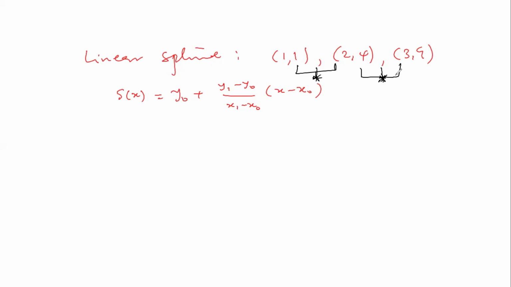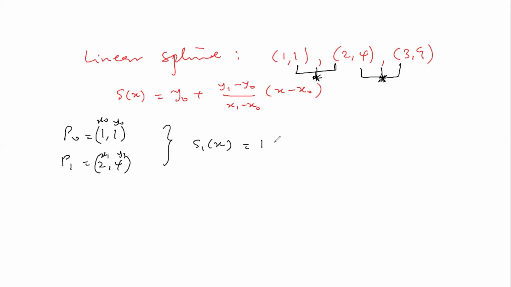Okay. Now, if we take for the first instance P0 to be the same as (1, 1), and then P1 to be the second point, (2, 4), then we can say that S1(x), in this case, by invoking this formula, is the same as 1, which is y0, this is x0, this is y1, this is x1, right?